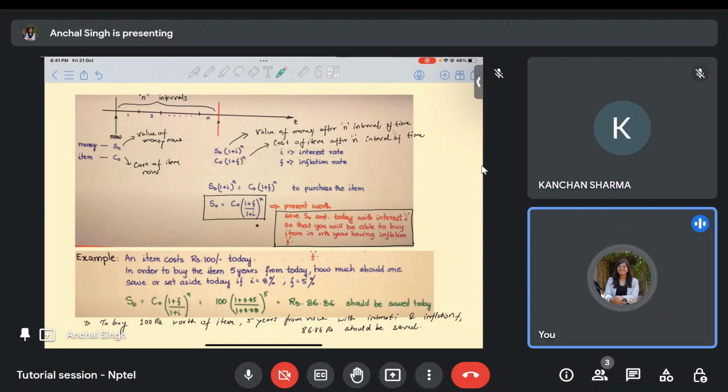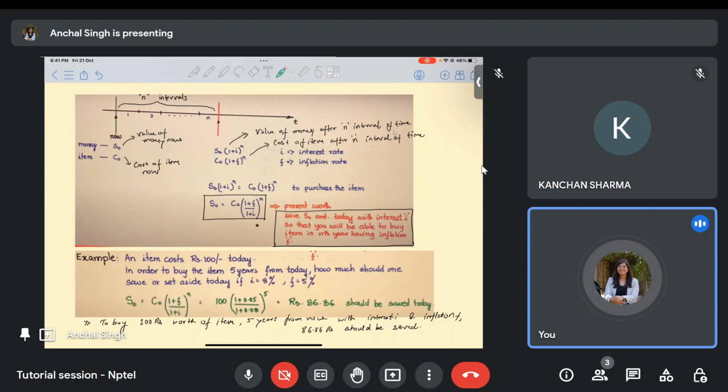And if after n intervals of time I still need to buy that item, then the value of my money after n intervals should be equal to the cost of that item after n intervals. So this formula will be used when I want to know the amount that I need right now in order to buy an item after n intervals of time, or vice versa.